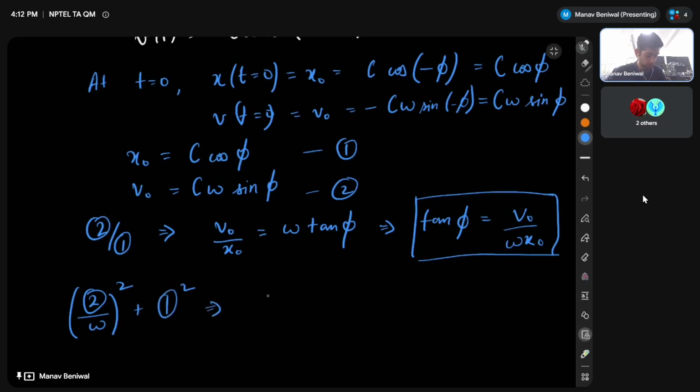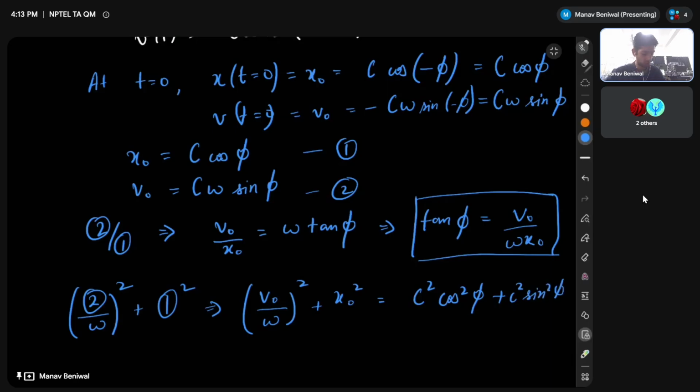What that will give us is v naught over omega squared plus x naught squared equals c squared cos squared phi plus c squared sine squared phi.